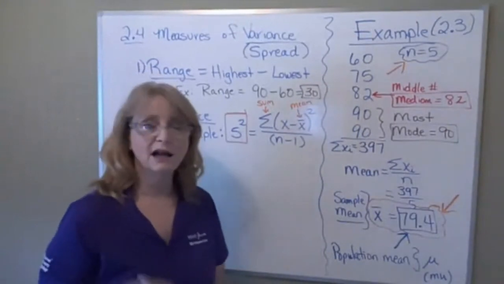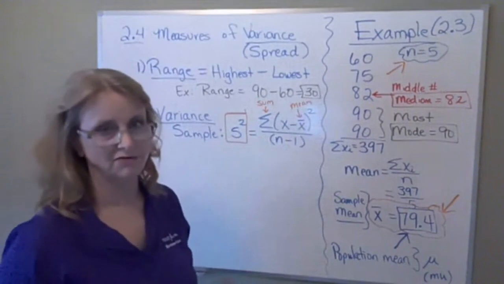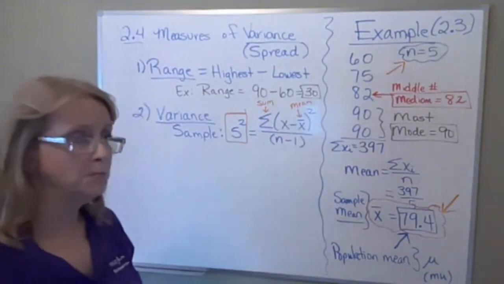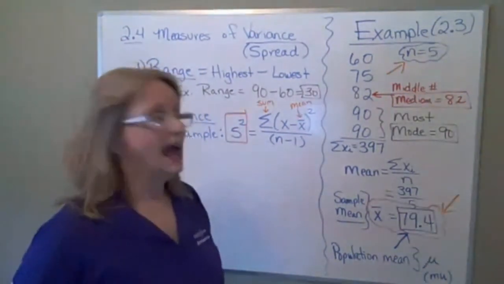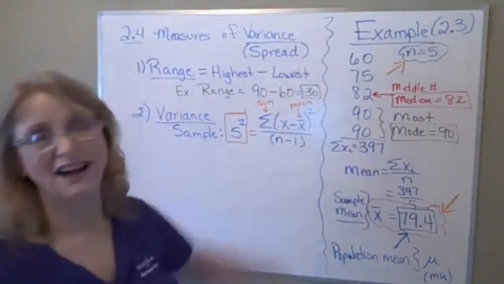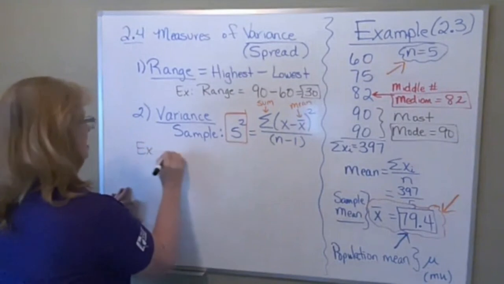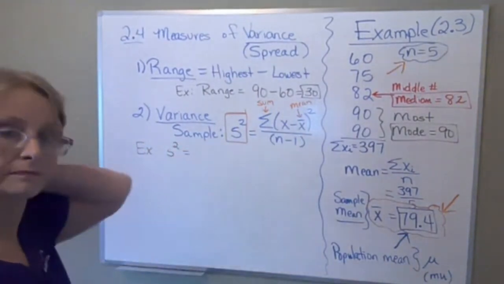It's not that this is so hard, but if you have a lot of data values, it's very time consuming. I will have you compute variance once on the test, and I will try to pick one that doesn't have very many numbers. That's why I only put 5 numbers here. In this example, I'm going to find little s squared.